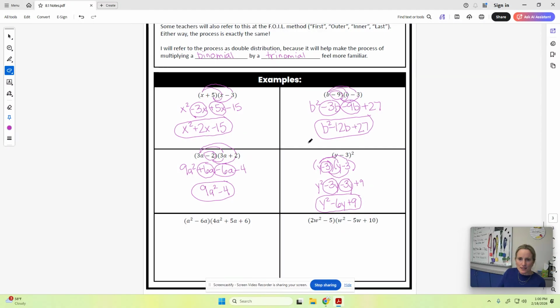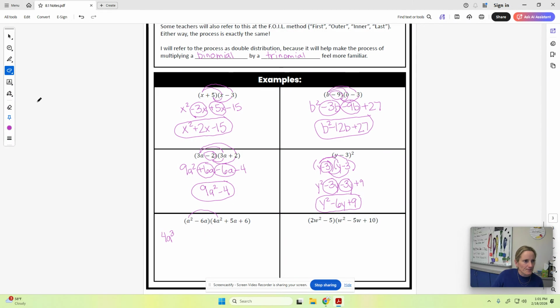So that's multiplying binomials. And we're going to apply that same process to when we're multiplying a binomial times a trinomial. We're still going to double distribute. We're going to multiply all 3 terms in the second parentheses by the first term. And then we'll go through and we'll multiply all 3 terms in the second parentheses by the second term. So a squared times 4a squared gives me 4a cubed. Oops, sorry, nope, not cubed.